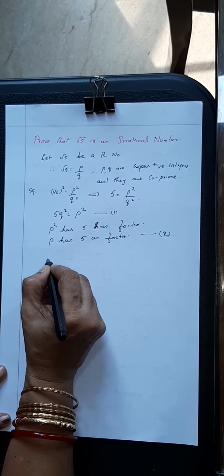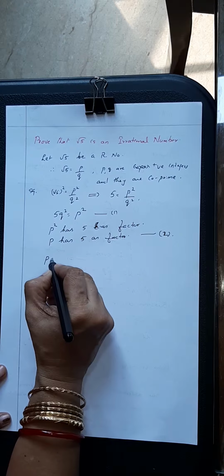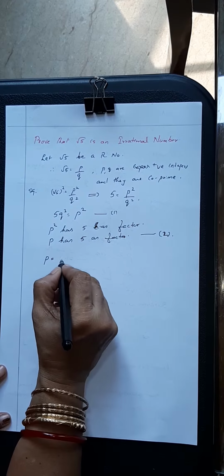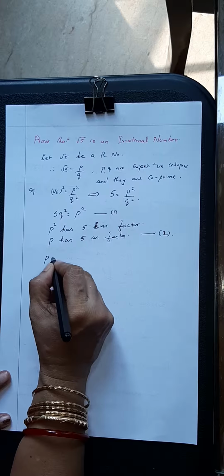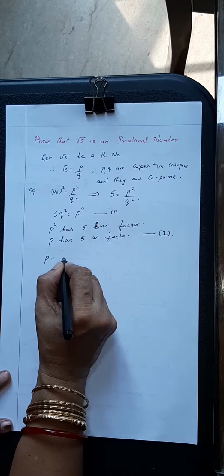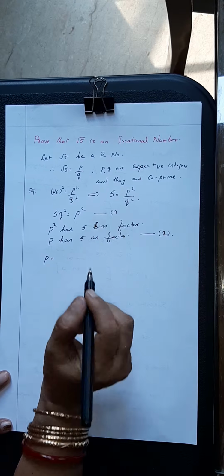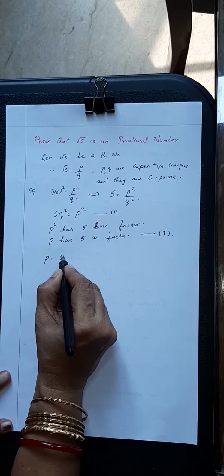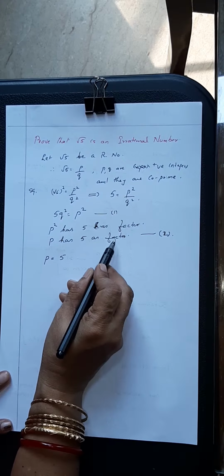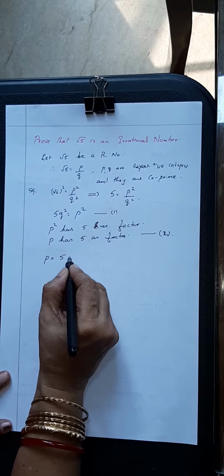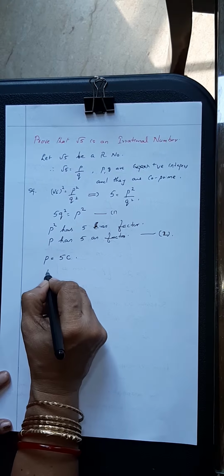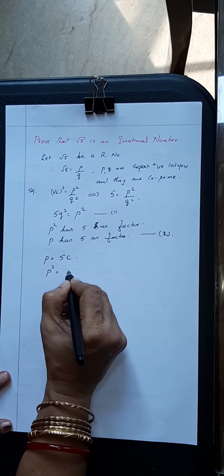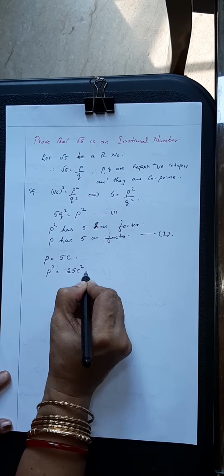Since p has 5 as a factor, you can write p as 5c. Again squaring, p squared is equal to 25c squared.